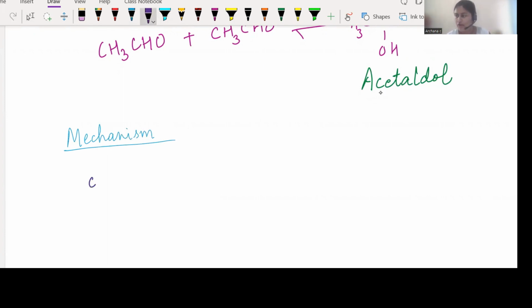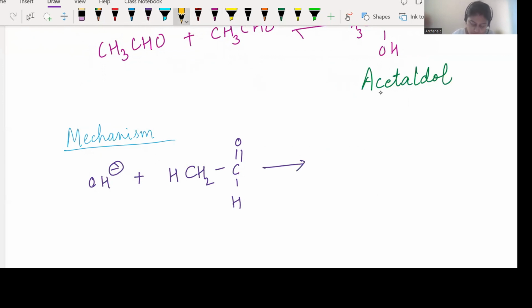So, first you have OH minus, that is base. It will abstract a proton. The first step involves abstraction of proton from the alpha carbon. I write it like this. So this will get abstracted. And what I'm left with is CH2, C double bond O, H with a negative charge.